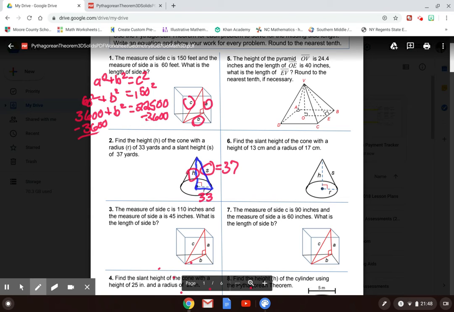H is going to be treated like a missing leg. So we're going to have 33 squared plus H squared equals 37 squared. 33 squared is 1,089. And then 37 squared is 1,369.